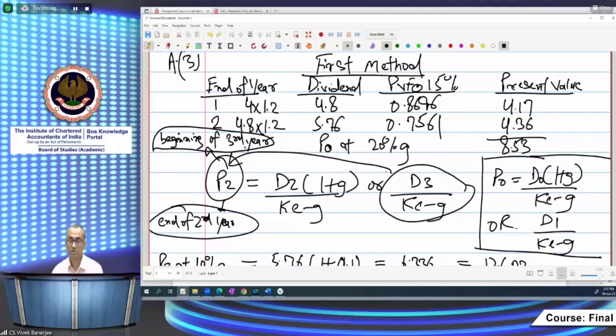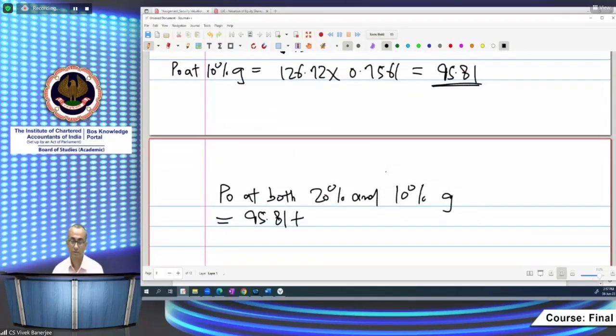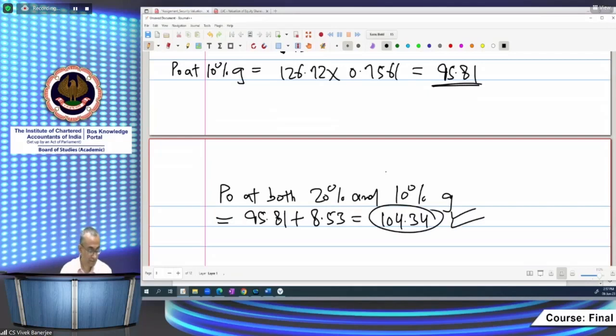We have just calculated P0 at 10% as 95.81, and P0 at 20% is 8.53. Just add these two, coming to 104.34.